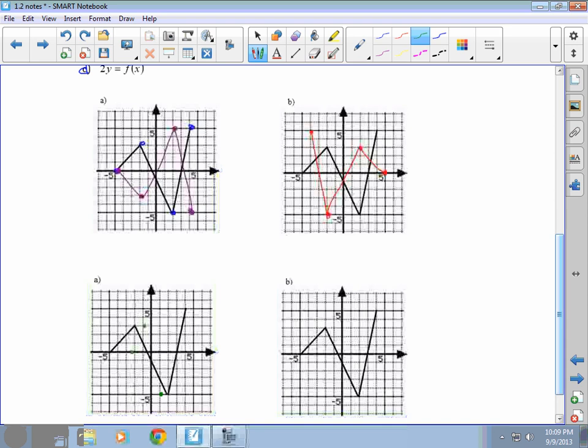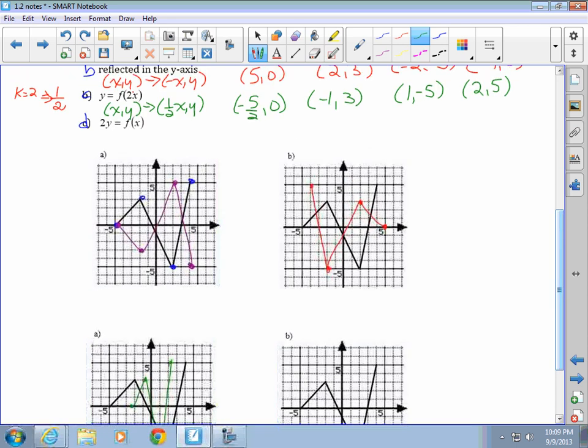And then we're back up at 2 and 5. So you can see we've squeezed it together. That's that horizontal compression.